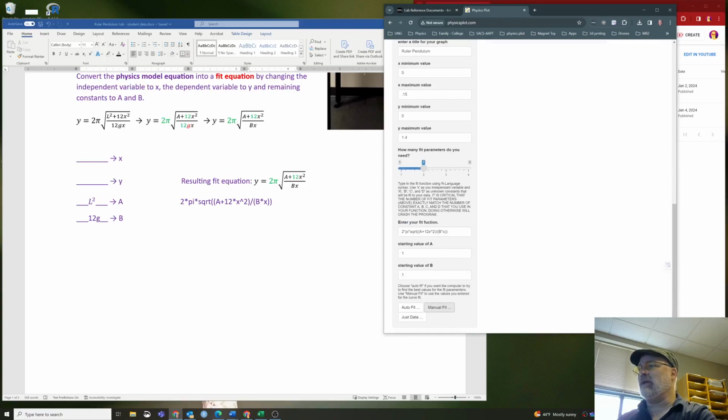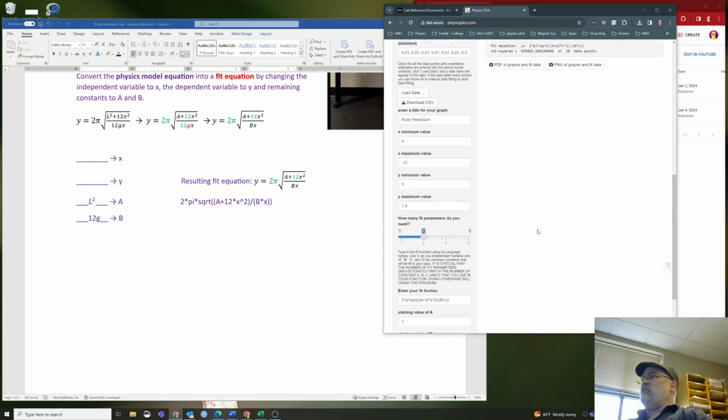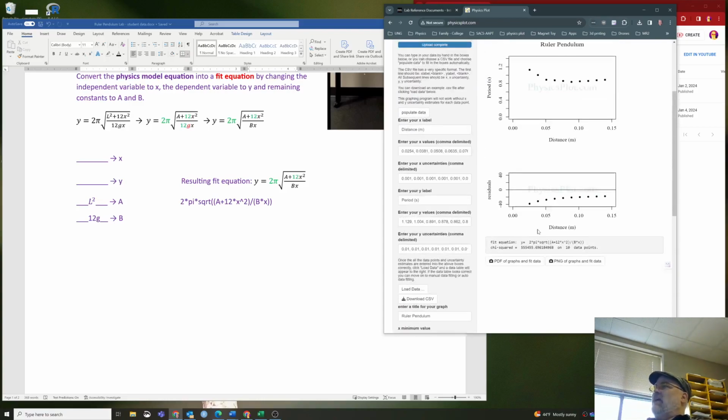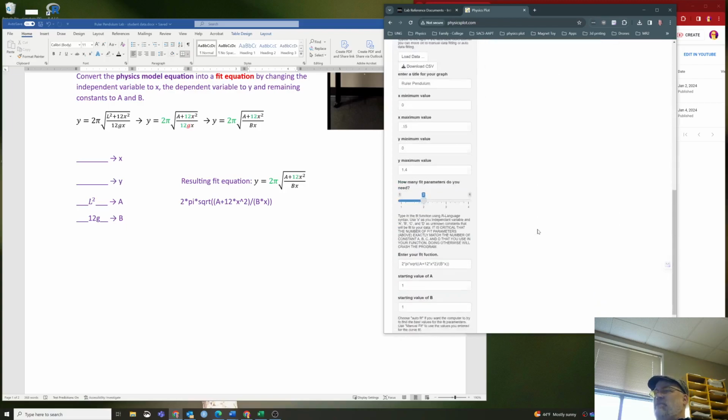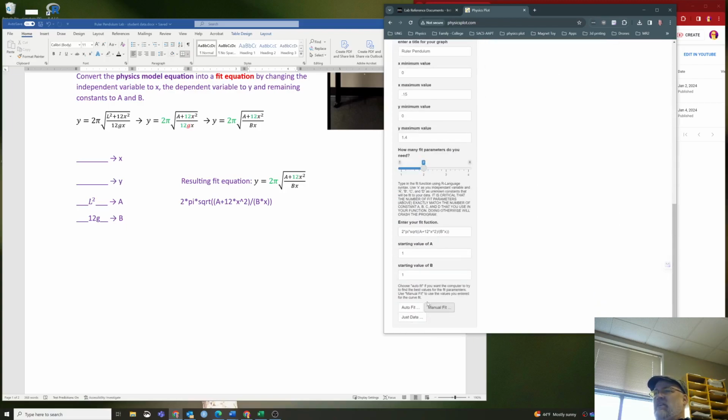And that would mean there's something wrong with the way I typed in my equation. So let me get that multiplication sign back in there. If I click manual fit and it doesn't give me an error, then I know I've typed in my equation fine. So the next thing I'll do is autofit, and usually that's going to just work. And here it did, it just worked.